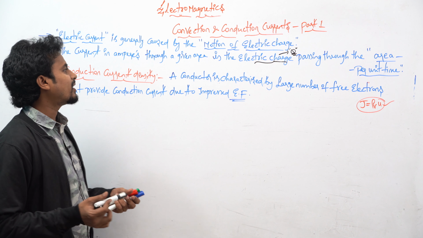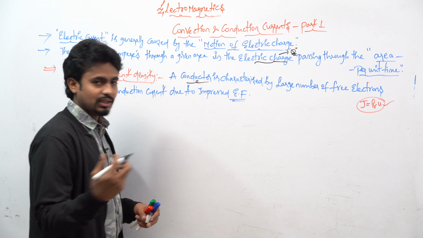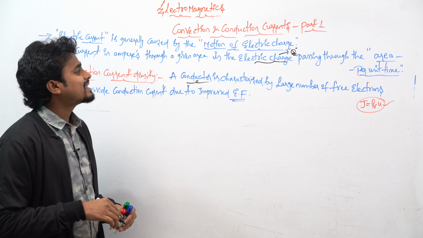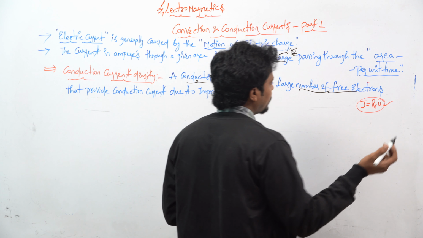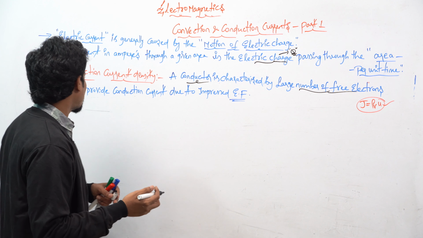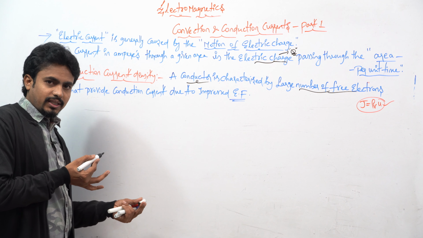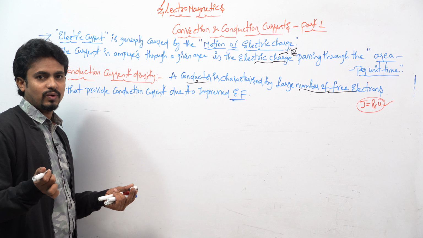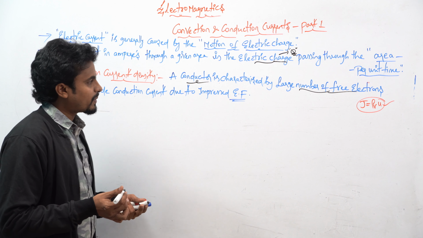Here I will consider a conductor. A conductor, in the presence of an electric field, is characterized by a large number of free electrons. In that conductor there will be a large number of free electrons, as well as holes, and they provide a conduction current due to the impressed electric field.